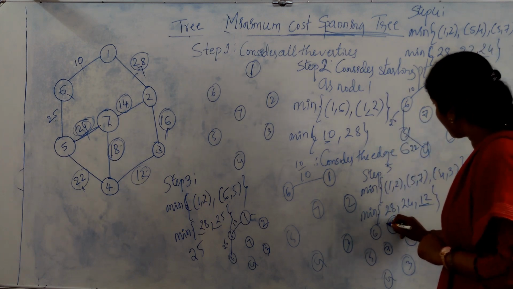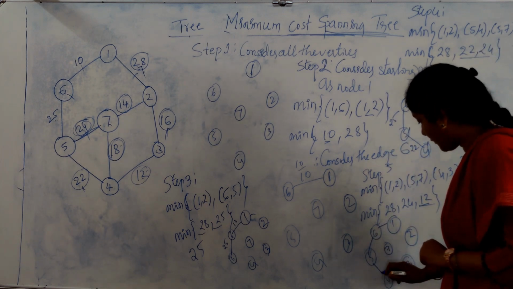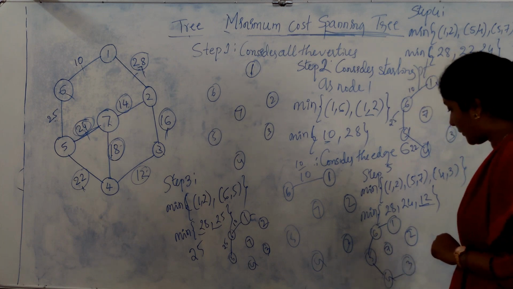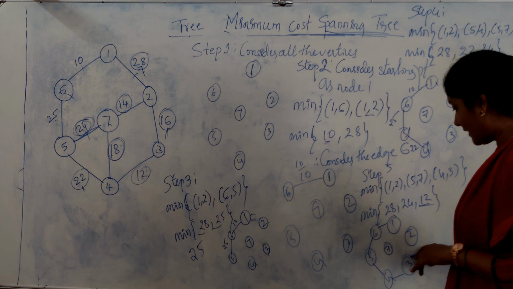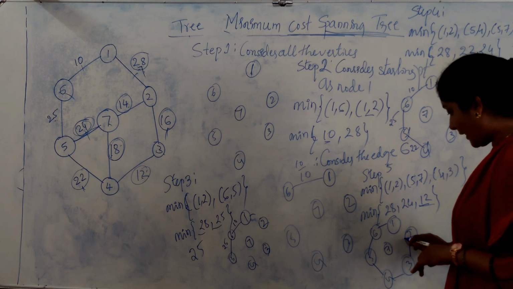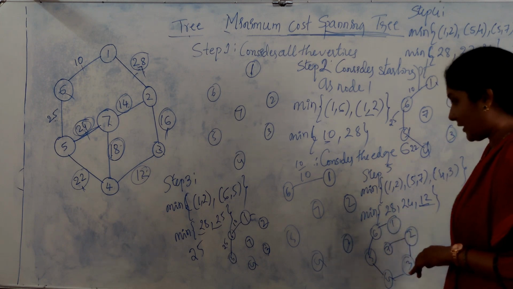So here 1, 6, 6, 5, 5, 4, and now 4 to 3. Okay. So in the next step, automatically we will get 3 to 2 and 2 to 7.